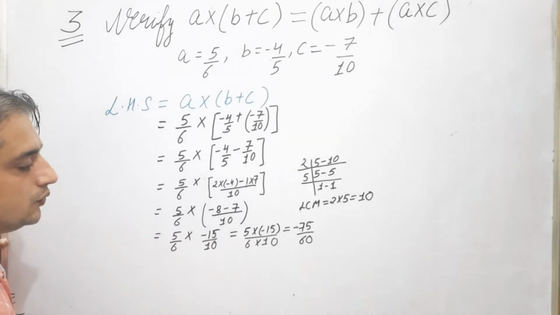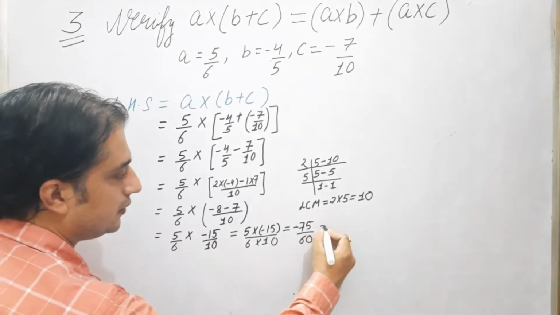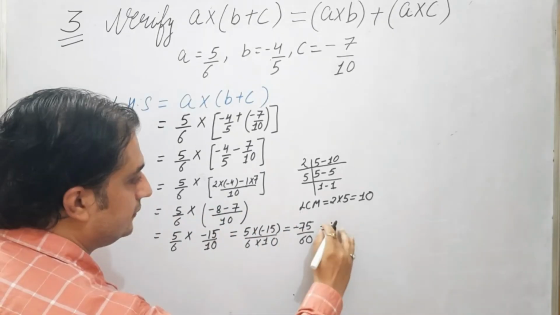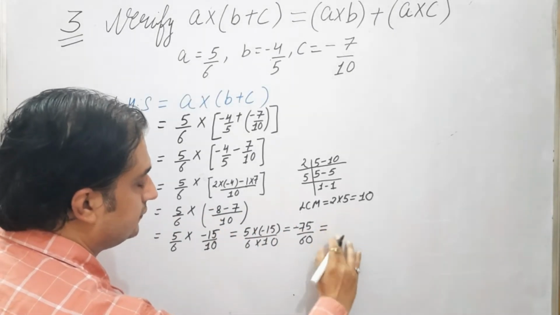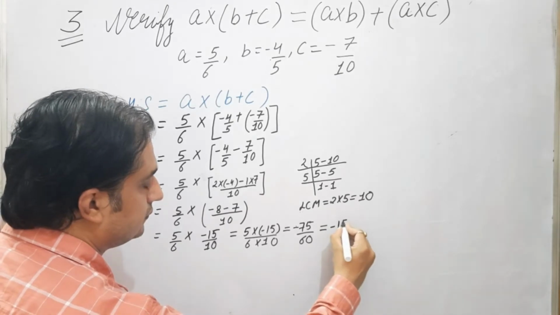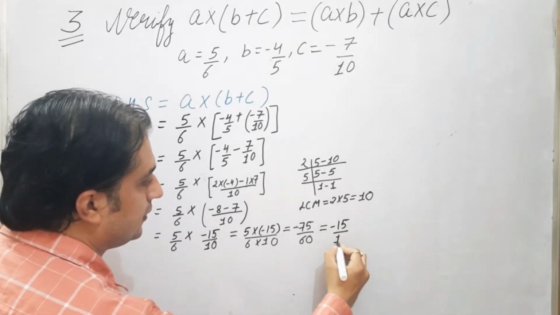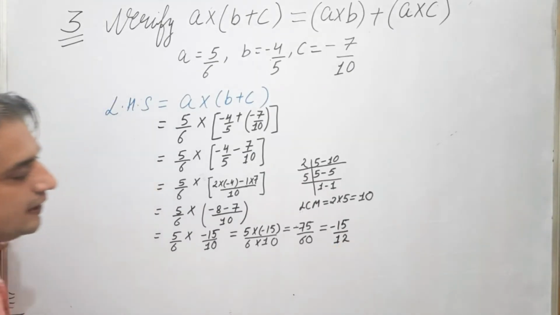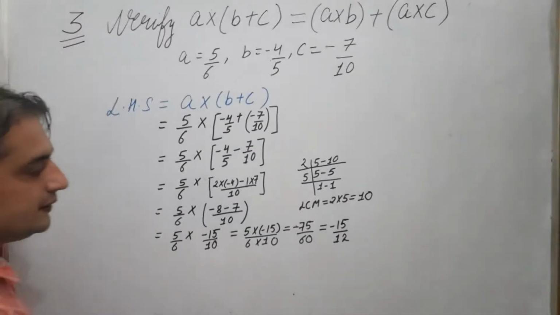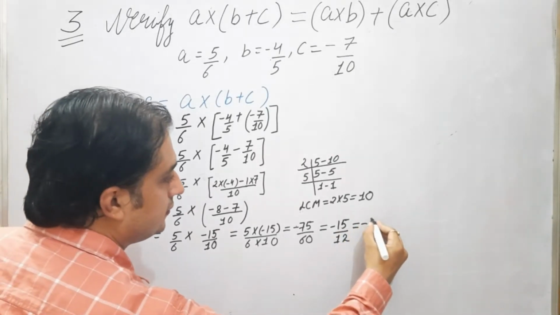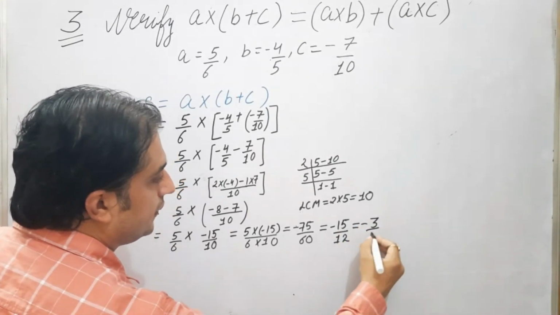Right? So with the help of 5, a common divisor, 5 12s are 60. This is again the equivalent fraction. Further divide it. 5 3s are 15.